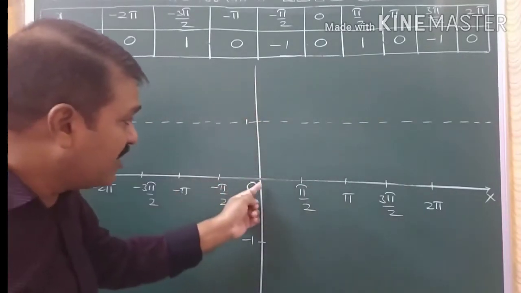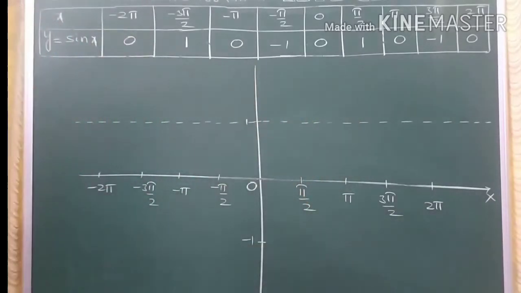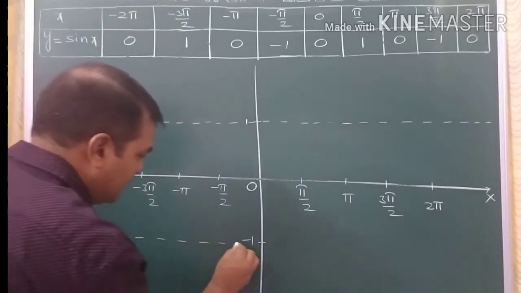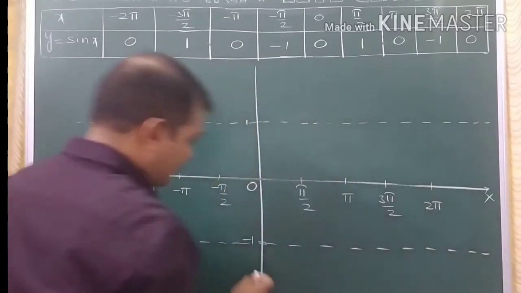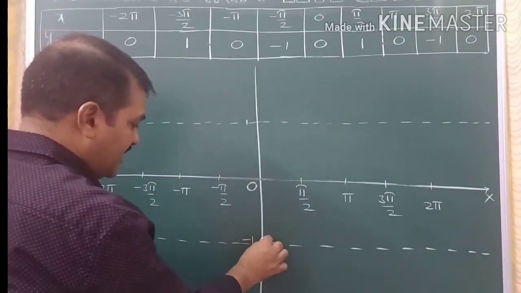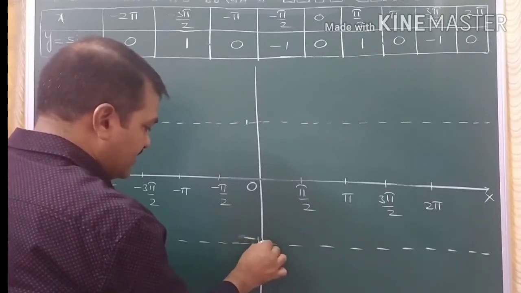Similarly, I am drawing a dotted line at minus 1. Drawing a dotted line is not mandatory, just for our convenience.